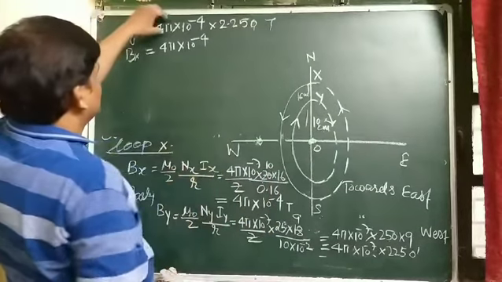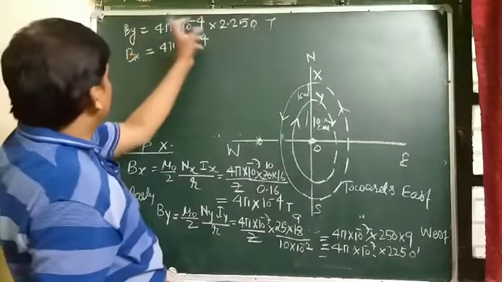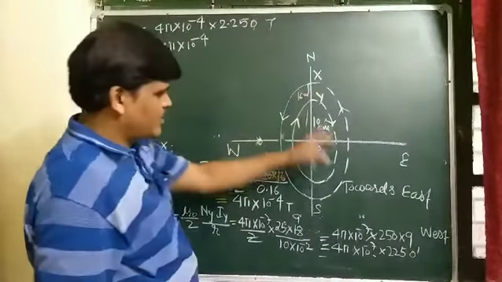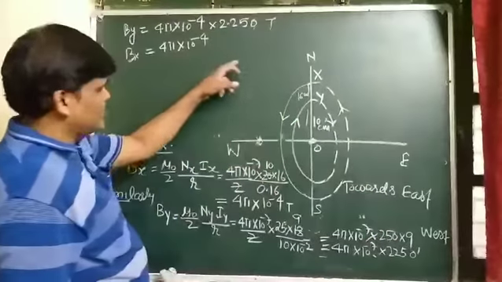See the diagram: the value By acts towards west and Bx acts towards east.